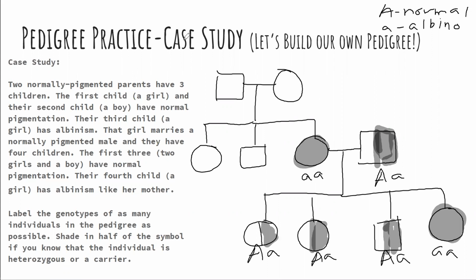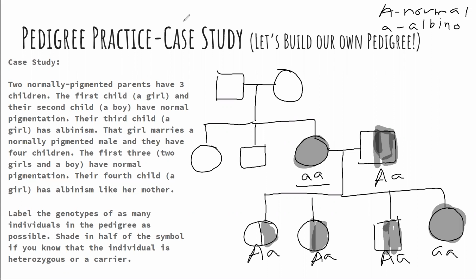Now, let's work our way back up. We know the genotypes of their kids. Let's go back up and figure out what her parents and her siblings' genotypes are. And this is something I forgot to do, you guys, and I'm so sorry. Let's label our generations. It'll make it easier.